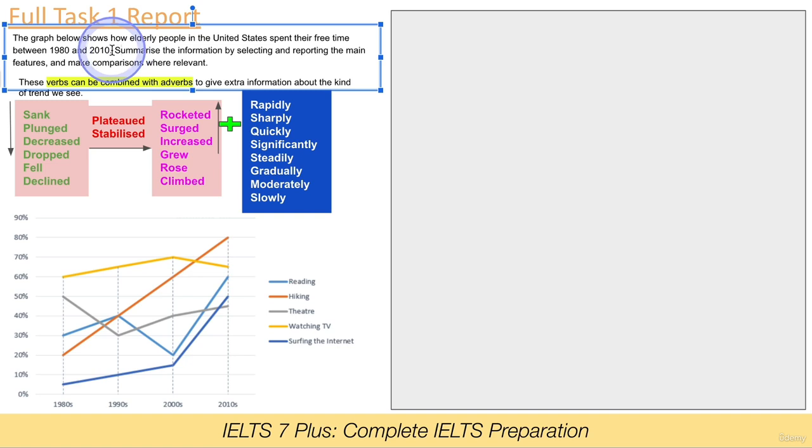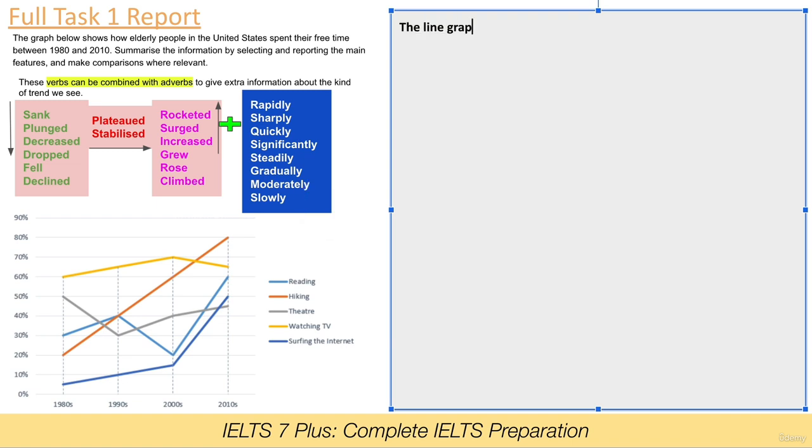Right, okay then. So let's start, as always, by paraphrasing this first line. The graph below shows, we could say the line graph, we could be more specific, provides data on how elderly people, maybe how older members of society spent their free time, or maybe what older members of society did for leisure, between the years 1980 and 2010.